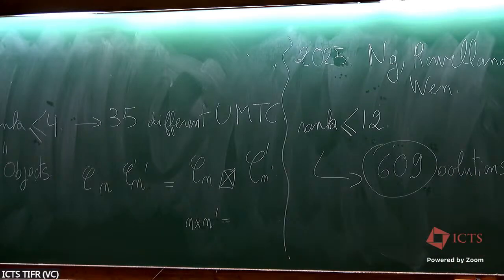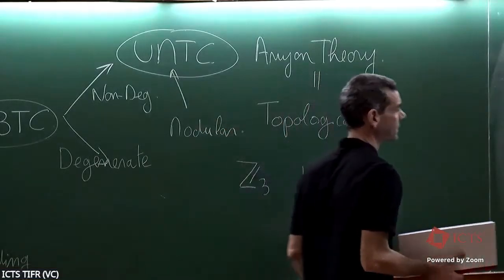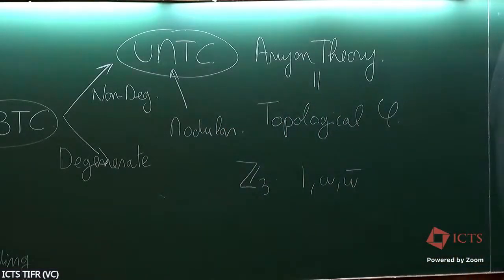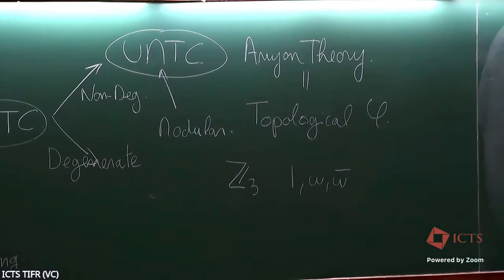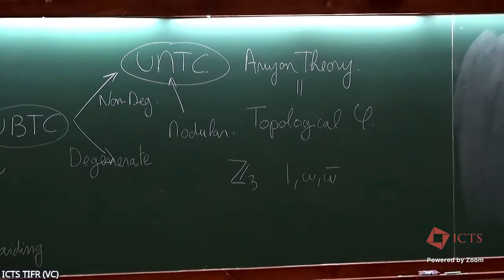There is also an extra ingredient that I haven't discussed so far. The reason the M of UMTC means modular is that these S and T matrices obey some very specific relations which stem from the projective representation of the modular group. Actually, they are projective representations of the modular group.